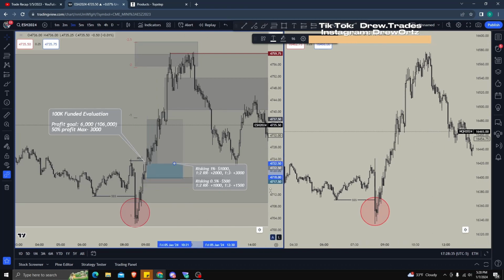If you guys want to screenshot this and go off of that, I would advise sticking to 1% risk. And just keep in mind that your first trade is the most important trade, in my opinion, for the evals. If you start your eval with a 1% or 1.5% gain, you're already 20% done with the task.